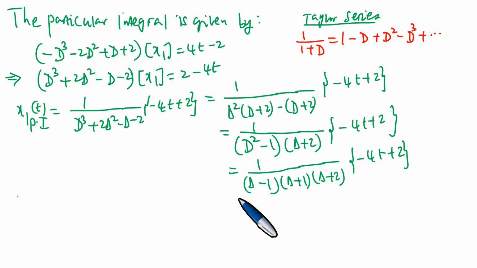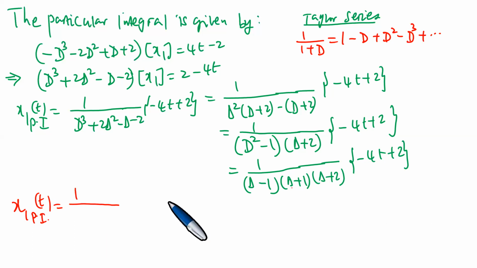yeah, we're going to have this one here. So which is 1 divided by. Okay, so we're going to use it first here on that one. So using it on that one, then we're going to factor out the d plus 2.